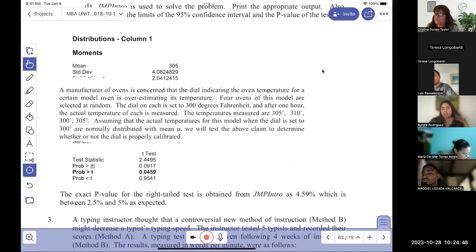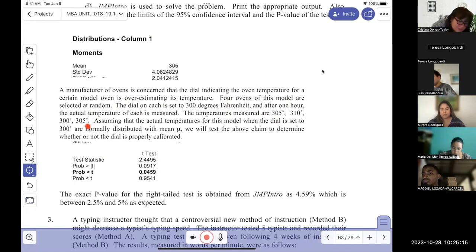No. Okay, a manufacturer of ovens is concerned that the dial indicating the oven temperature for a certain model is overestimating its temperature. 4 ovens of this model are selected at random. The dial on each is set to 300 degrees Fahrenheit. So that's what they're trying to make it, 300. The temperatures are measured after an hour: 305, 310, 300, and 305.